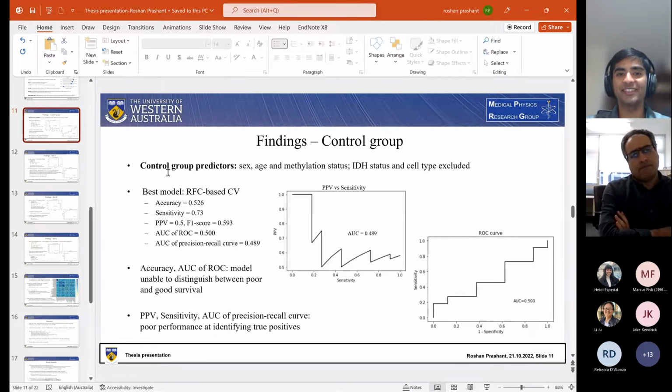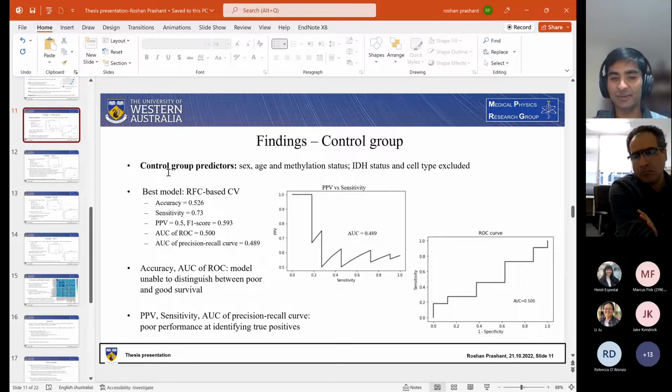Yes. So when we had a look at the control group, the aim was to just look at demographic and clinical features. Within the data that was made available, there was information regarding the IDH status as well as the cell type of the tumor. However, because the sample size of patients was quite small, it was found that there were maybe 4 or 5 different categories for each of these variables, but of the 20 patients, around 17 had the same one, and some of those categories weren't represented at all.